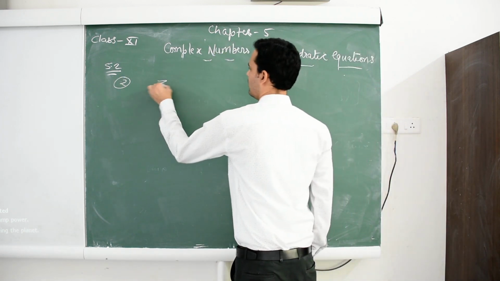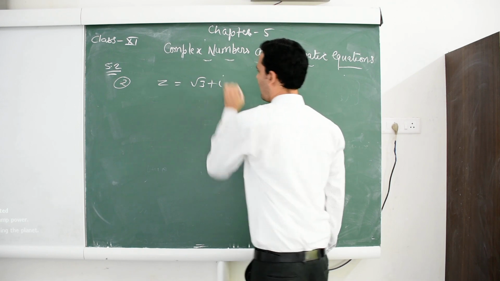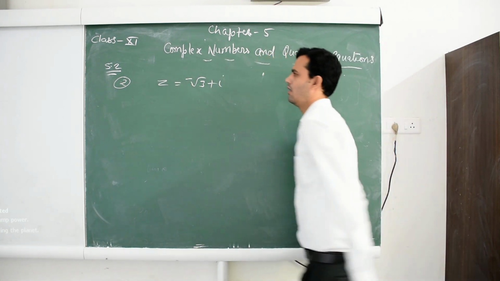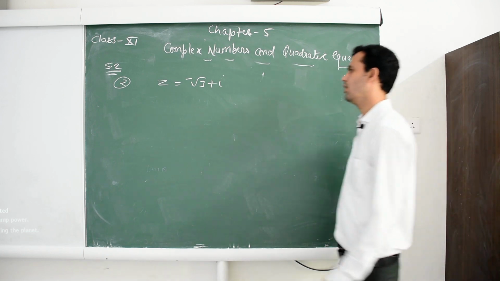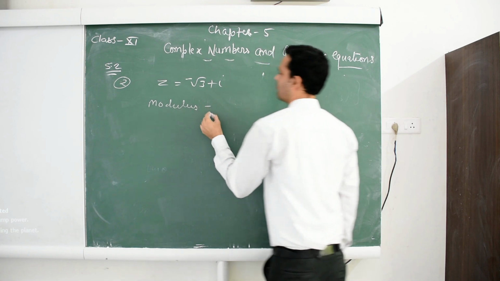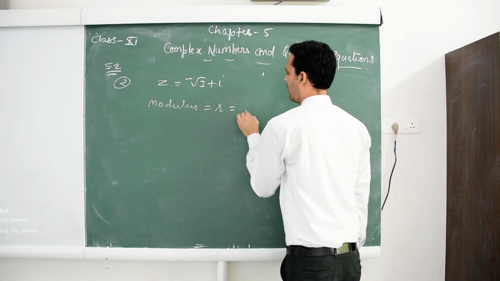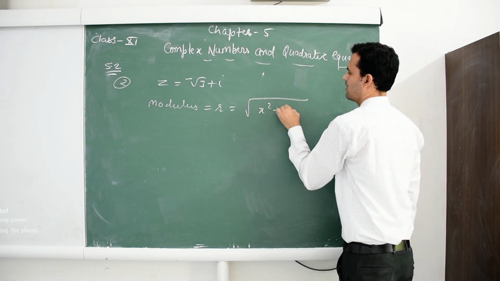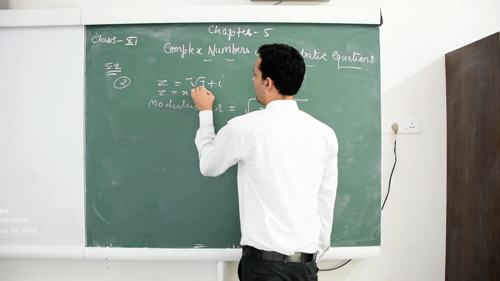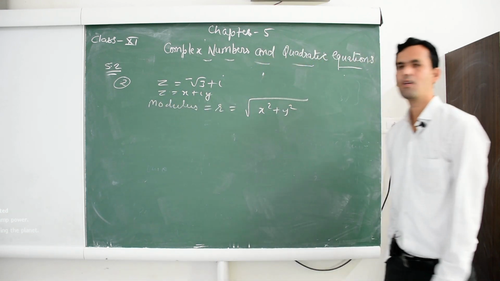z equals minus root 3 plus i. Okay, this is the question. So first we find the modulus, that is r, the square root of x square plus y square. Here x plus iy is the form of the complex number.